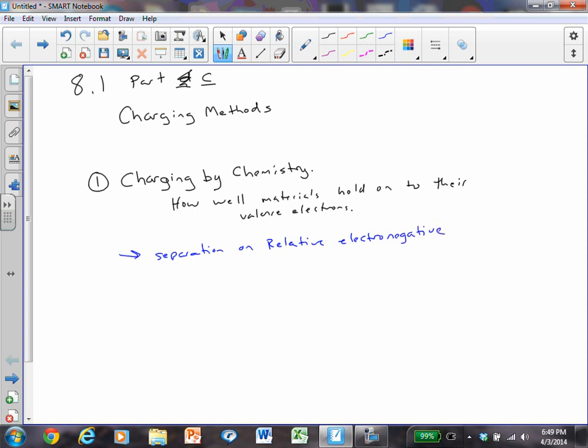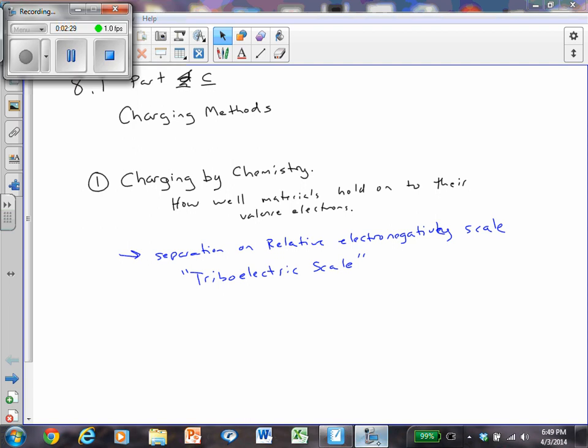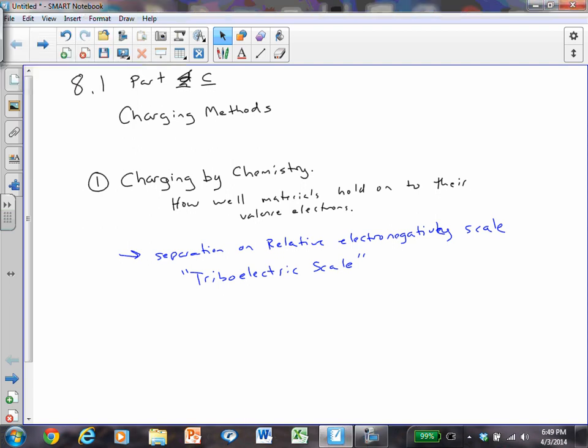So a relative electronegativity scale is called the triboelectric scale. Okay? And so the triboelectric scale is used to put different materials in order based on which is more electronegative than the other.